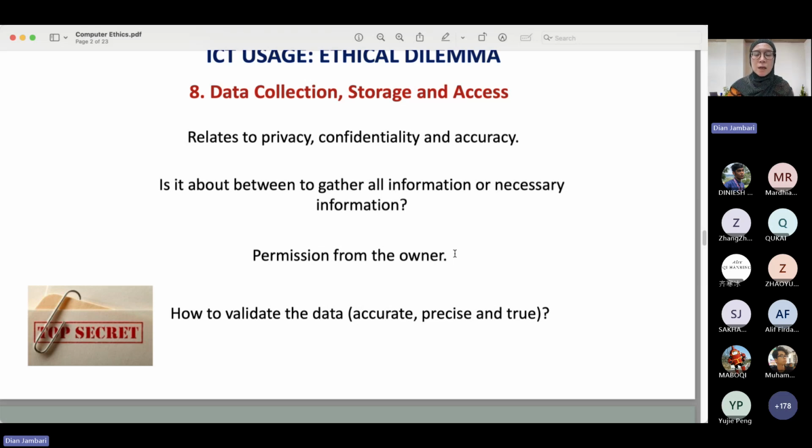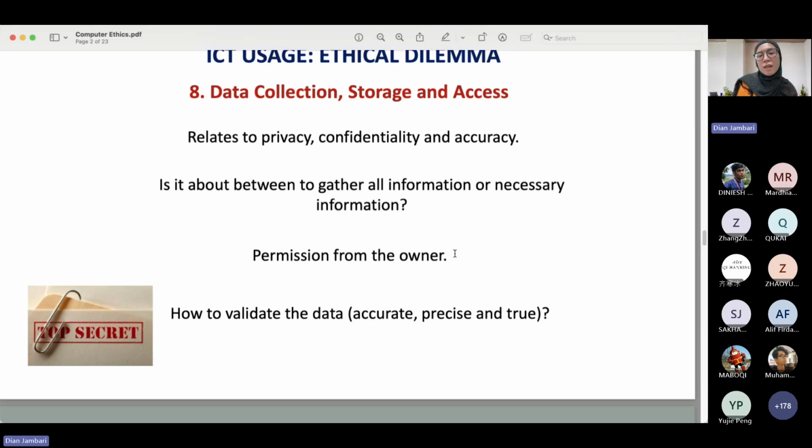But we can be caught in an ethical dilemma when I suddenly realize that the information I'm sharing between these two accounts may be confidential. And so that creates an ethical dilemma.